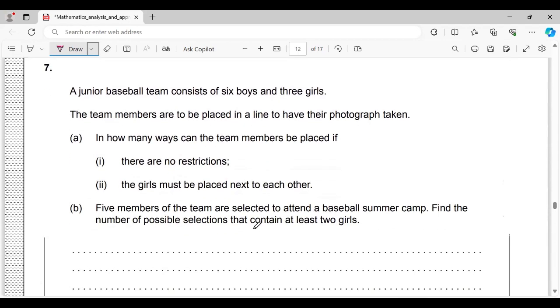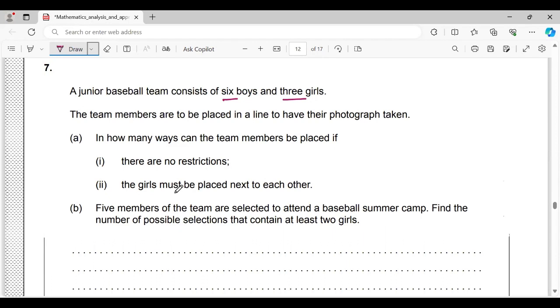7. A junior baseball team consists of 6 boys and 3 girls. The team members are to be placed in a line to have their photograph taken. In how many ways can the team members be placed if there are no restrictions?